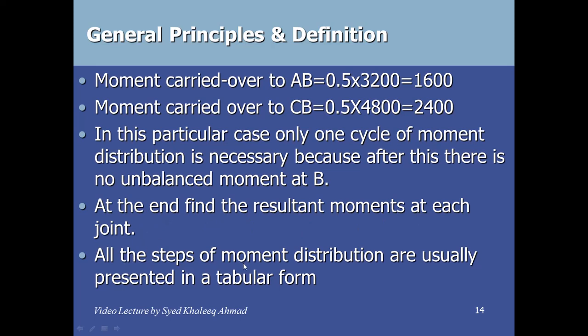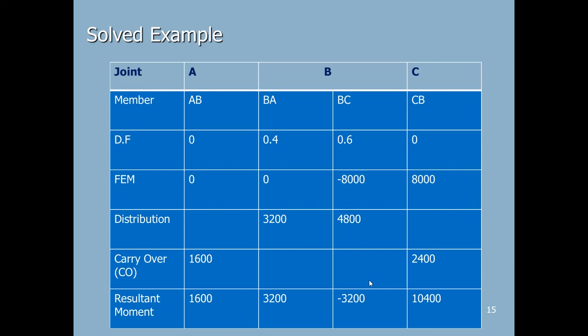All these steps of moment distribution are usually presented in tabular form, and you can see here we can put these values in a nice way in tabular form. You can see here we prepare this table: joint A, B and C. Which member is connected at A?